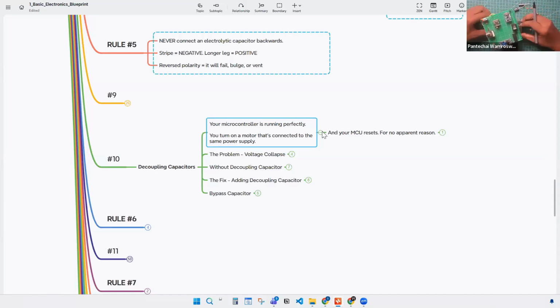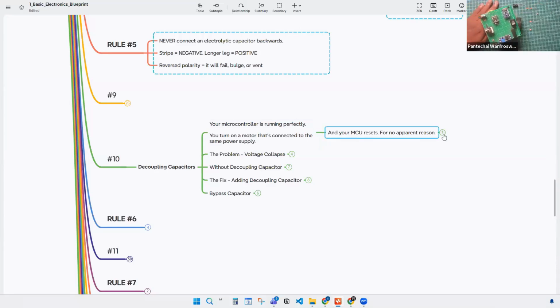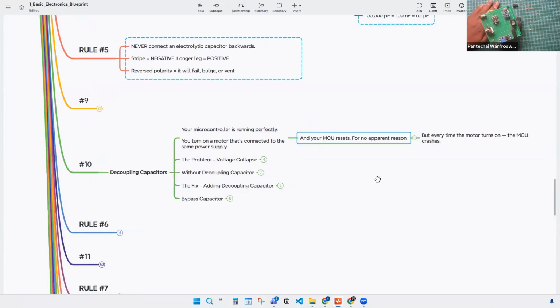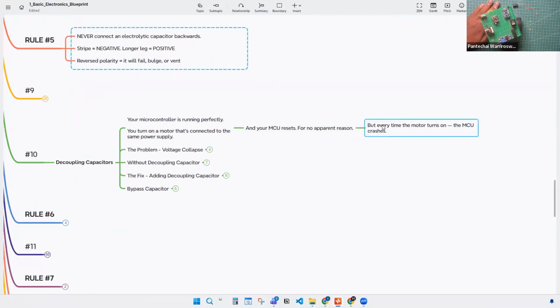But what if the motor starts spinning forward or backward or left or right? Whenever something happens, what if your microcontroller is resetting? Whenever the motor turns on and your microcontroller resets, then there is some problem here.